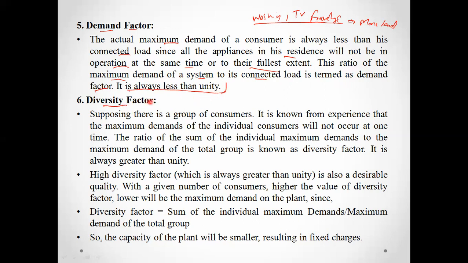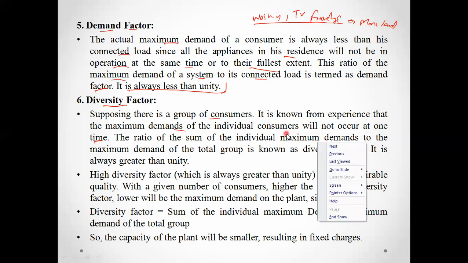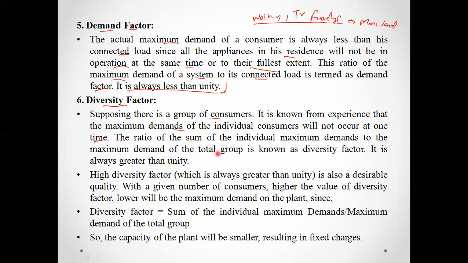And what is the diversity factor? Suppose there is a group of consumers. It is known from experience that the maximum demands of the individual consumers will not occur at the same time. The ratio of the sum of the individual maximum demands to the maximum demand of the total group is known as the diversity factor.